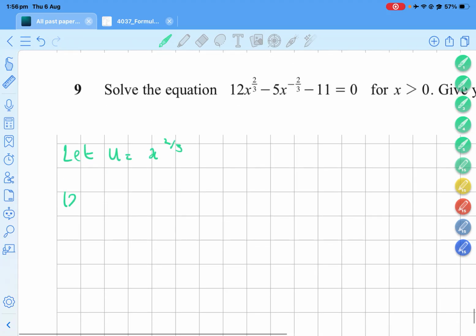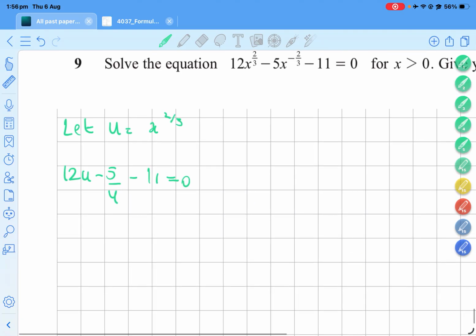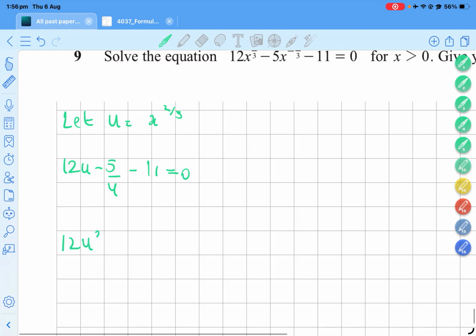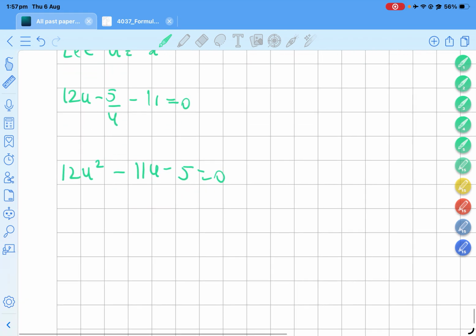So 12u minus 5 over u minus 11 equals 0. So 12u squared minus 11u minus 5 is going to be equal to 0, and we just need to solve the quadratic.